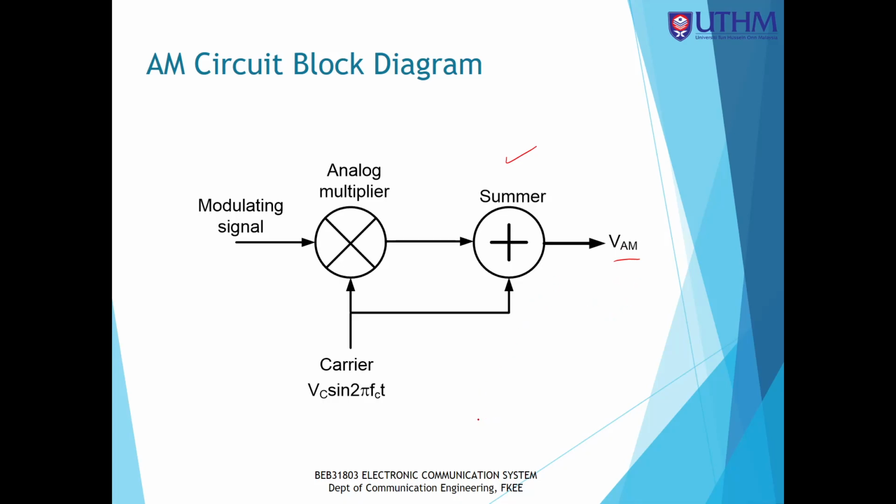Remember from the envelope equations, VAM equals VC plus VMT multiplied with sine 2 pi FCT. So we have the addition component and also the multiplication component.